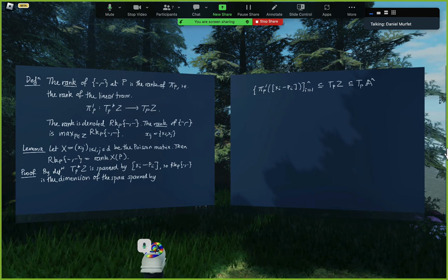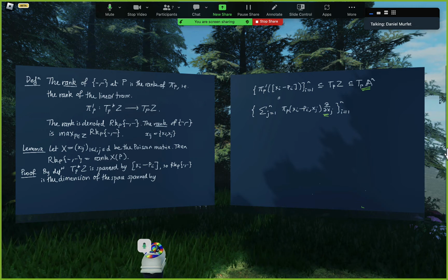I may not understand much about TPZ necessarily. And what is this? Well, by definition, that's this expression. Pi p of xi minus pi with xj, and then ddxj. Right, so these guys form a basis for here.